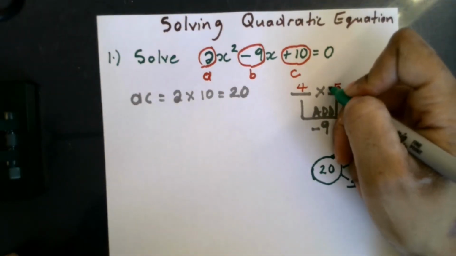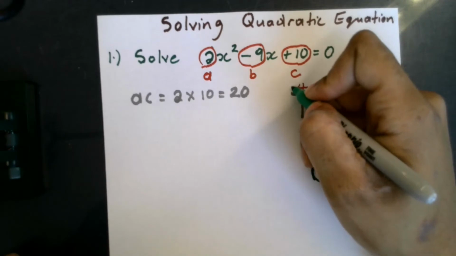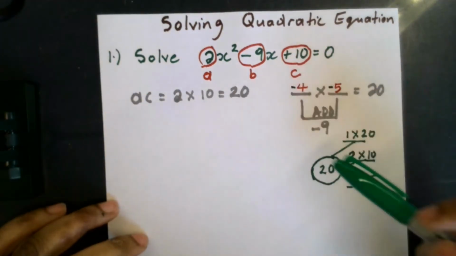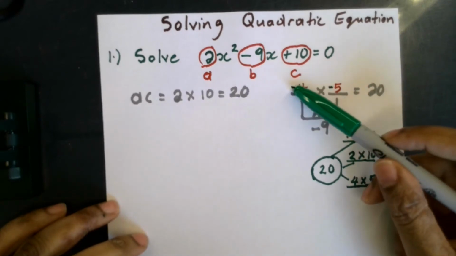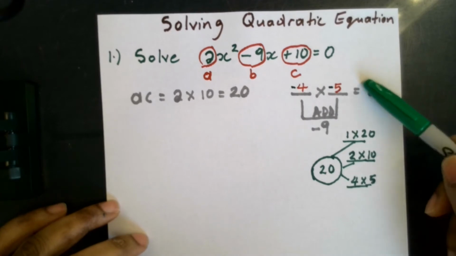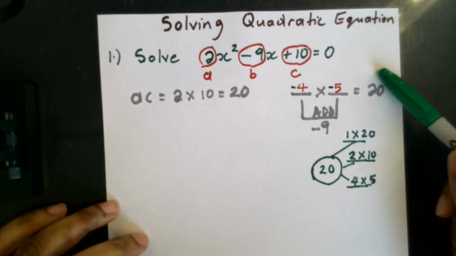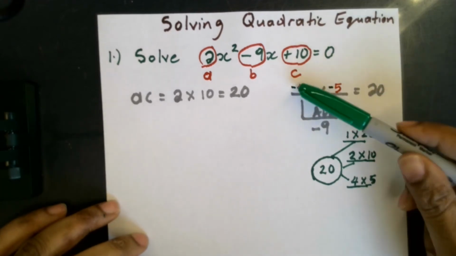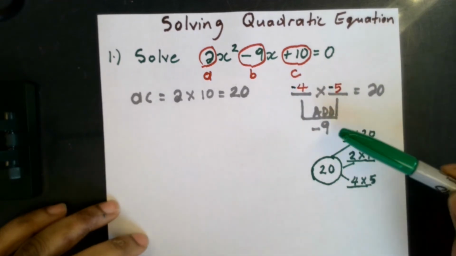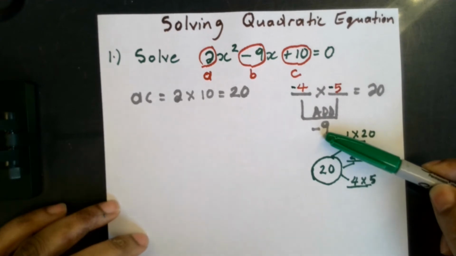This has to be negative and this has to be negative for this to be true. All right. So negative 4 times negative 5 will give you a positive number, which is 20. And when I add negative 4 to negative 5, I am going to get negative 9.